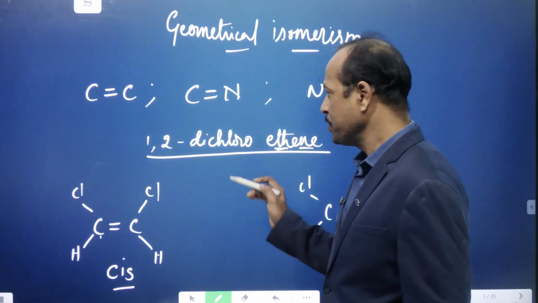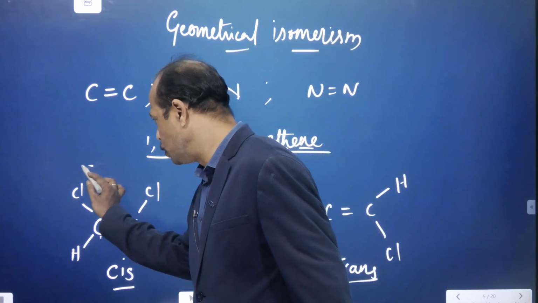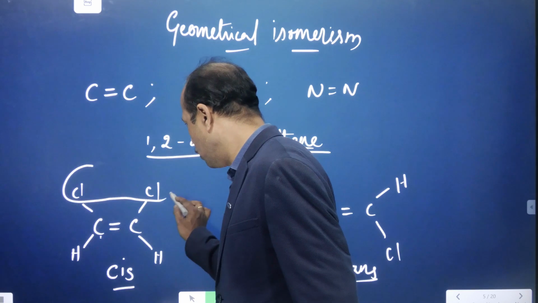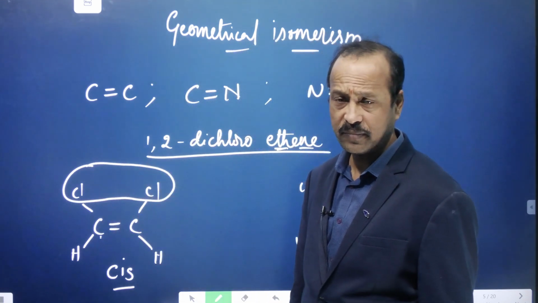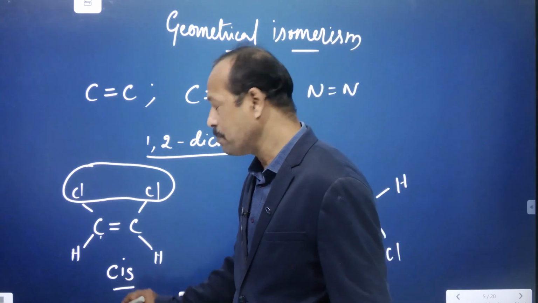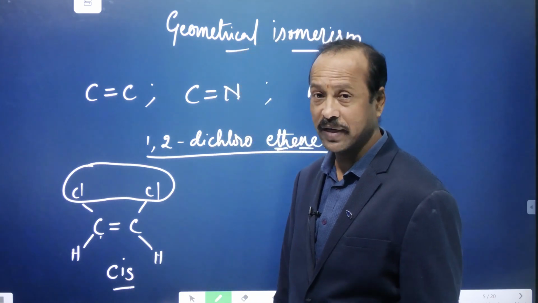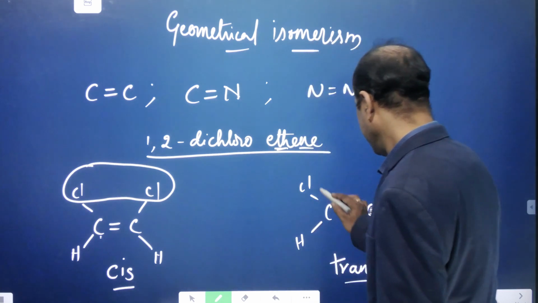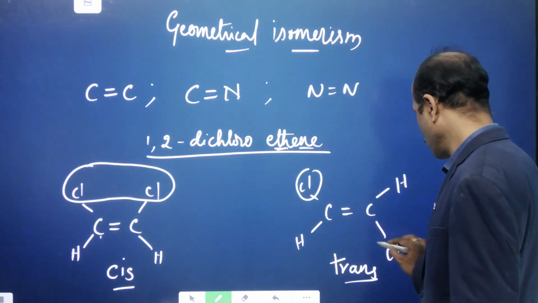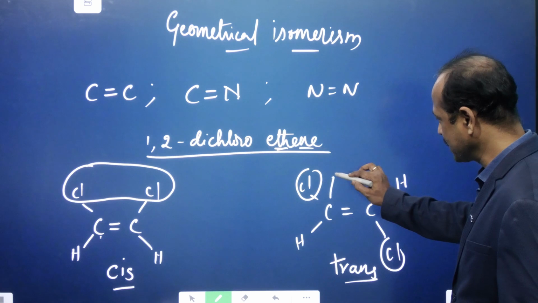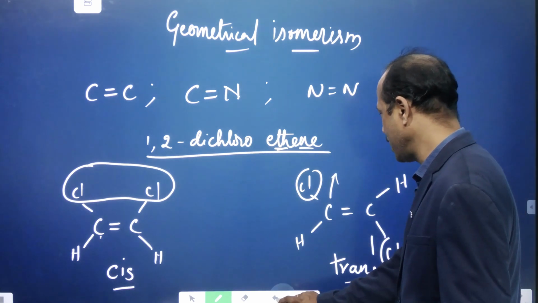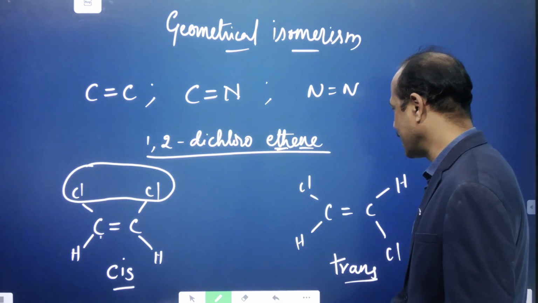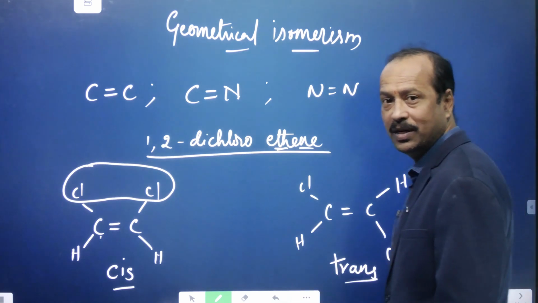Cis means, if the two attached groups, like here chlorines, both are on one side, then we can name them as cis. And if the chlorine here is on the upper side and this is on the downside, if they are on opposite sides, then we can say trans.